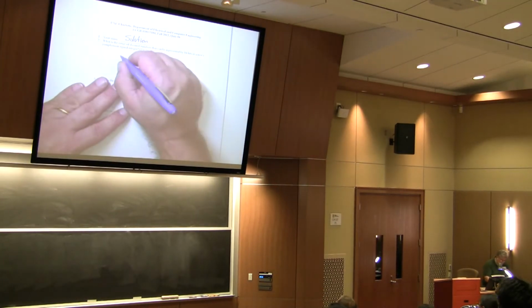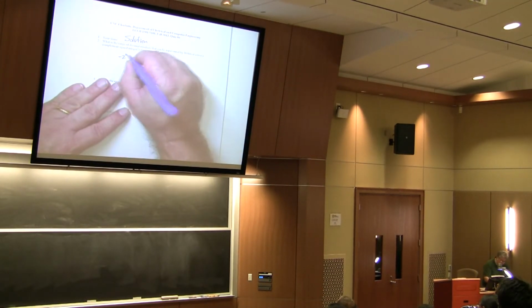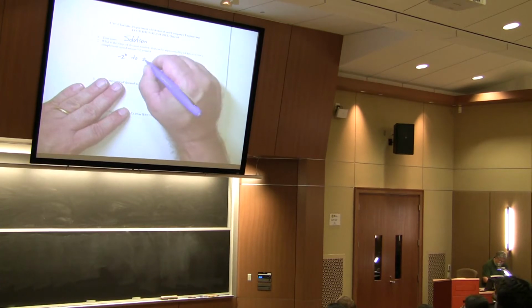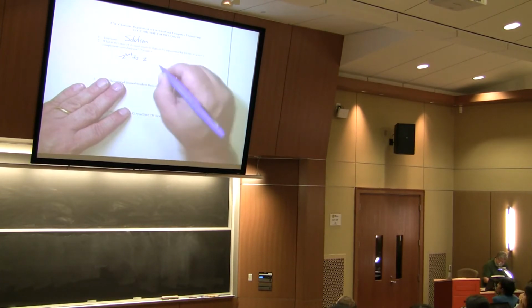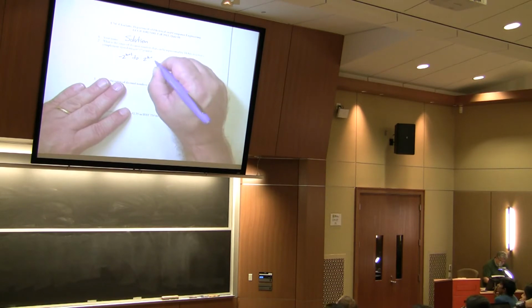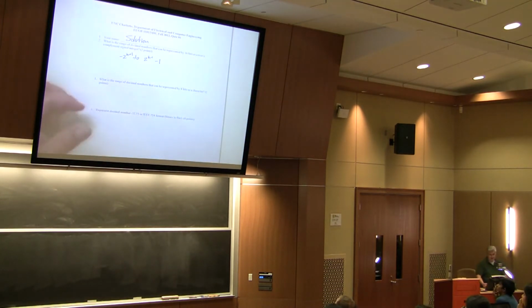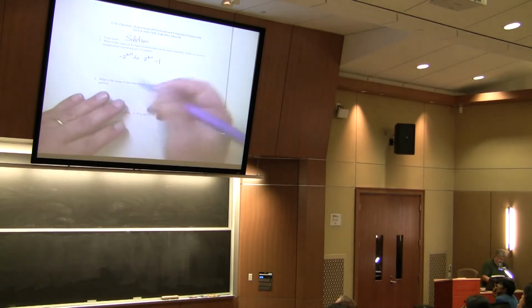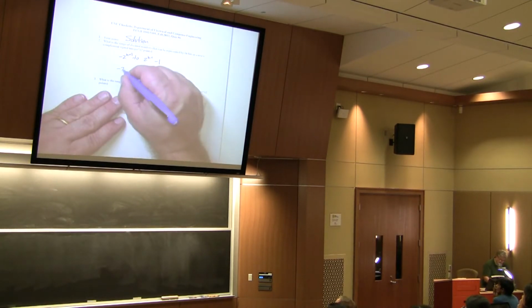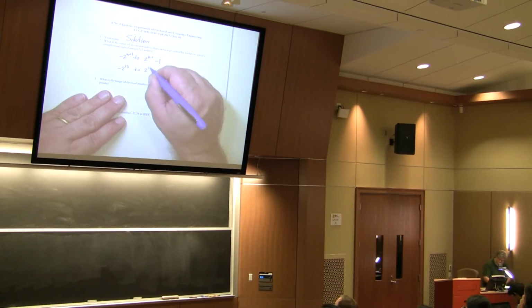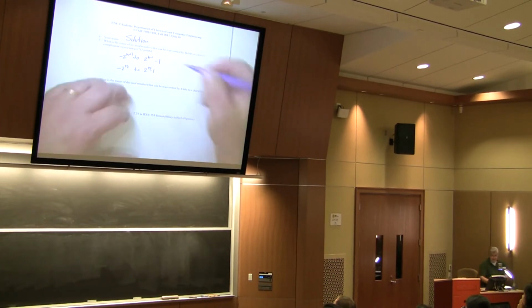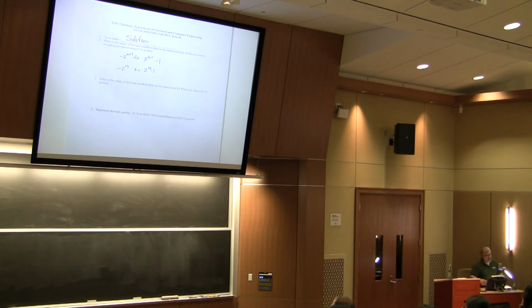Remember the formula was -2 to the n-1 to 2 to the n-1 minus 1. So all you really have to tell me is -2 to the 15 to 2 to the 15 minus 1. I would accept that, and if you did it all the way out, that's fine too.